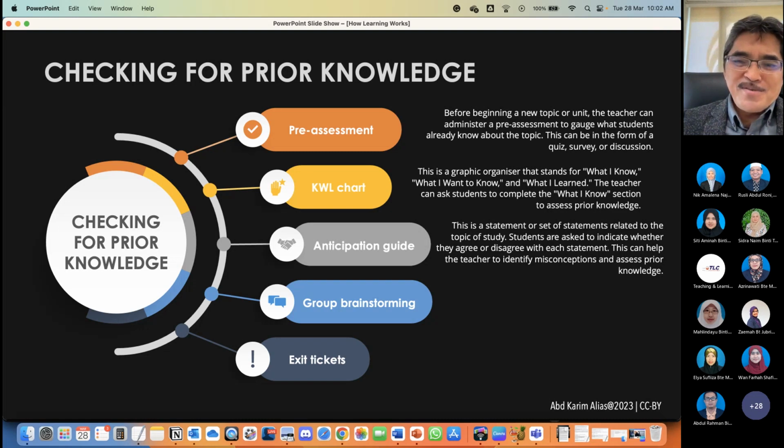Okay, Dr. Chua, agaknya untuk buat aktiviti ni, where students are asked to indicate whether they agree or disagree with each statement ni, what kind of tool that we can use for this purpose? Mentimeter. Mentimeter, ya boleh. Lagi?